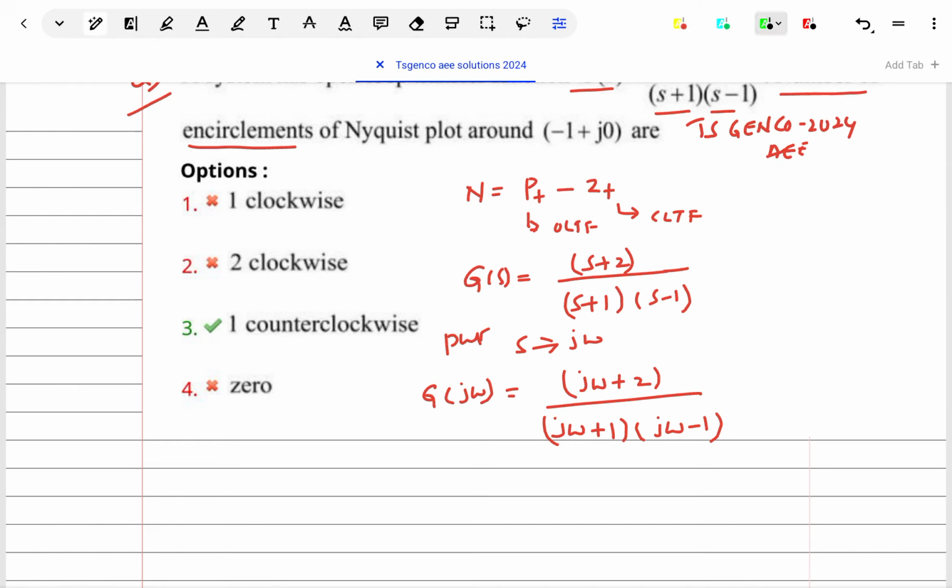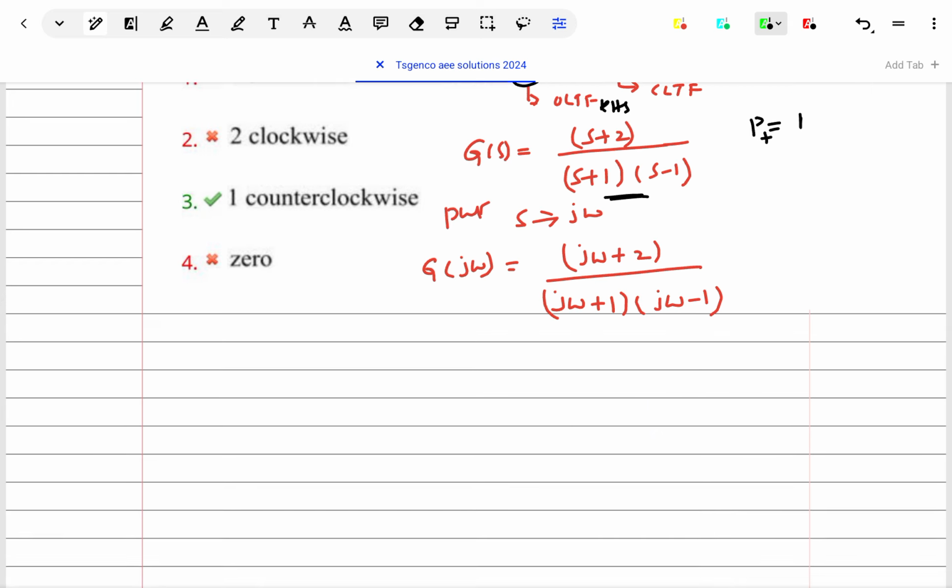If you observe this equation, there is one pole lying on the RHS plane, which is P+. That is, the open loop transfer function pole lying on the RHS plane. So there is one pole, that is P+, on the RHS plane. Now we will write this equation like this.